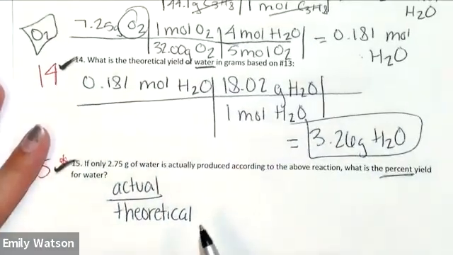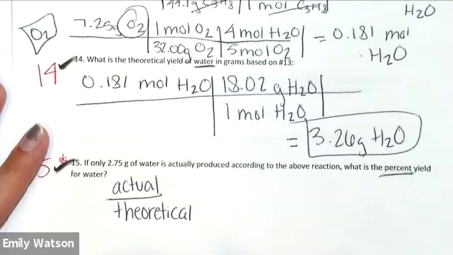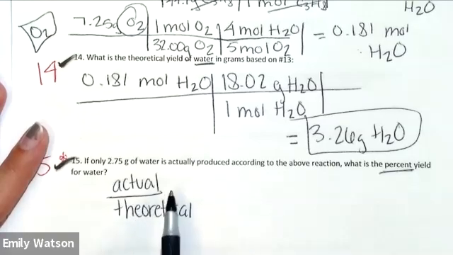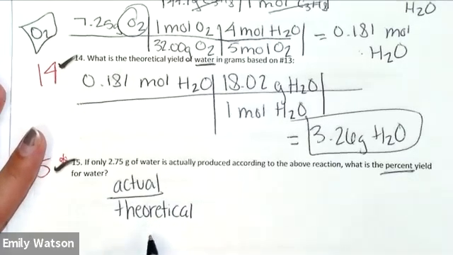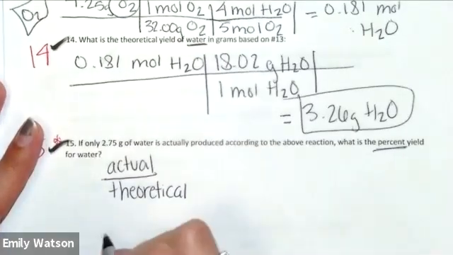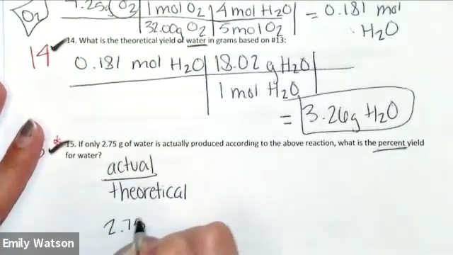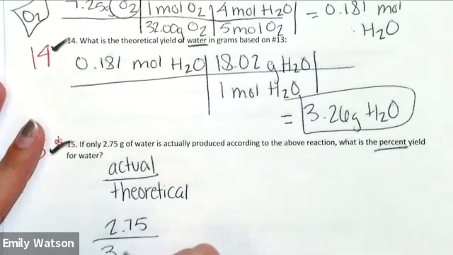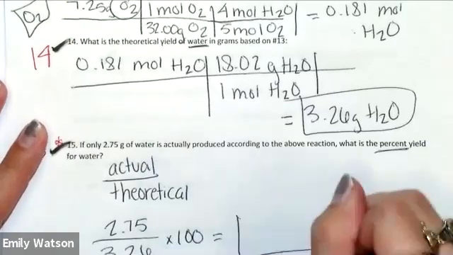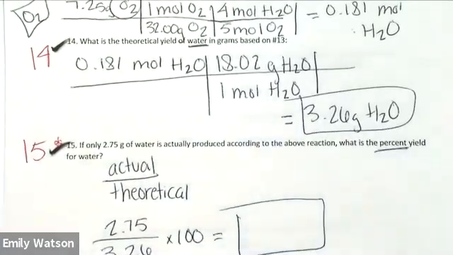Sorry, was someone on Zoom saying something and I just cut you off? Okay, cool. So basically this is what I've actually recovered versus what mathematically should be possible. So 2.75 divided by 3.26 times 100. And then you math.